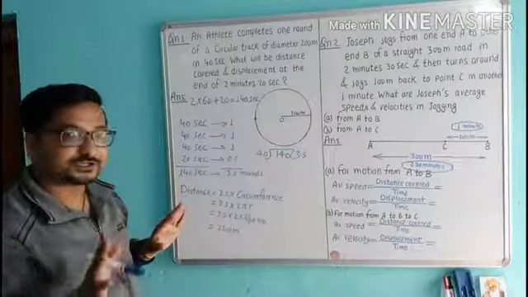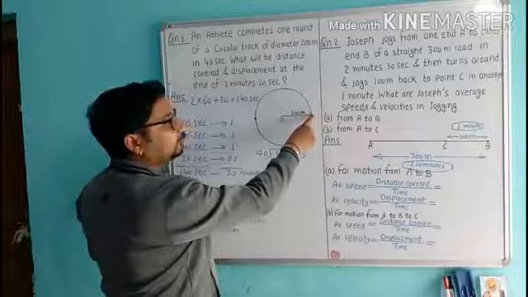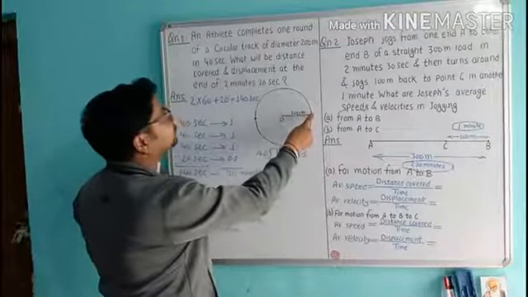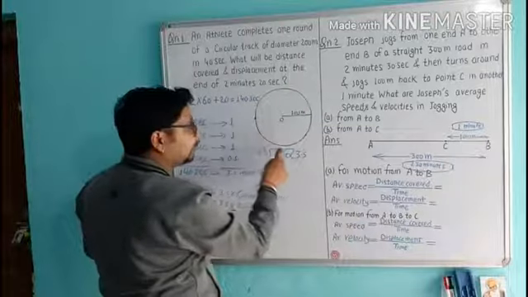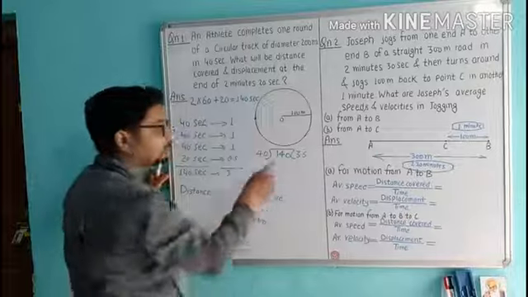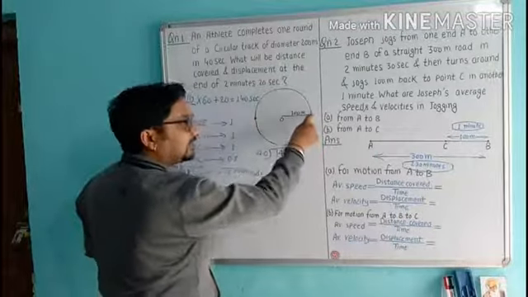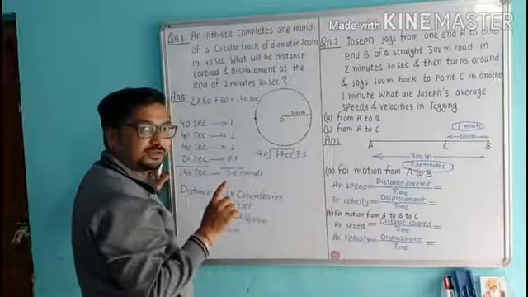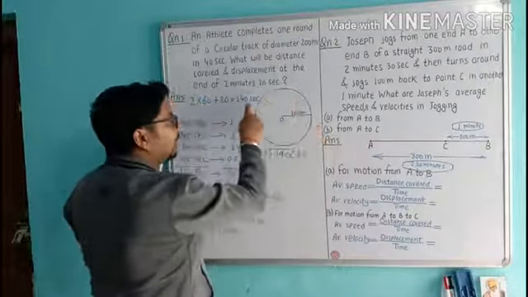Now for displacement. If the athlete starts moving from here, then after one complete round, the athlete will reach the initial position. Similarly, after the second round and after the third round, the athlete will be at the initial position.